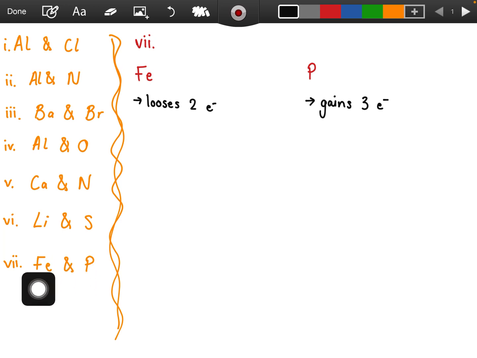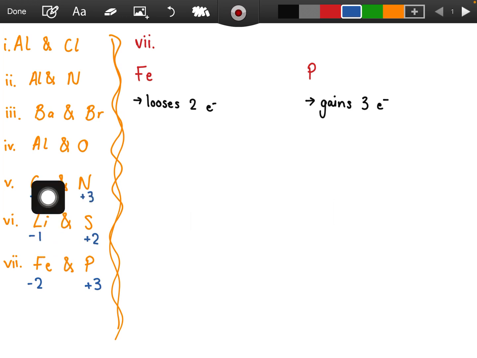Okay, so I will tell you how many each of these need. Iron loses 2, so 2+, and phosphorus wants to gain 3. Just in case we can't find the other ones, lithium loses 1, sulfur gains 2, calcium loses 2 electrons, and nitrogen gains 3 electrons, so that's going to be quite similar to this one.